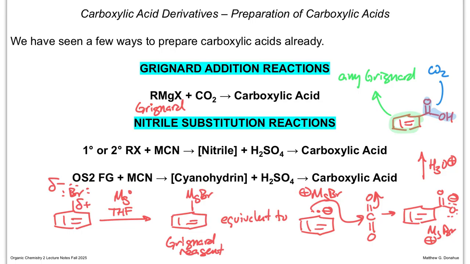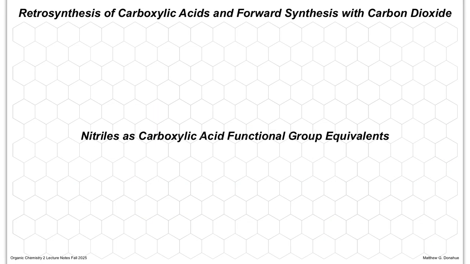So for the other two reactions, I'll demonstrate the difference between using CO2 and then using cyanide. And then we saw prior with the Strecker reaction how to make a cyanohydrin, where the nitrile is equivalent to an acid in the oxidation state.